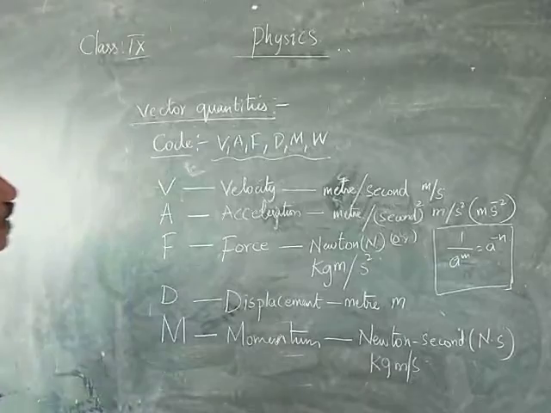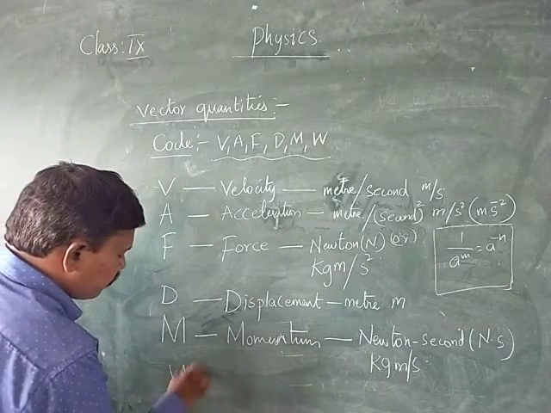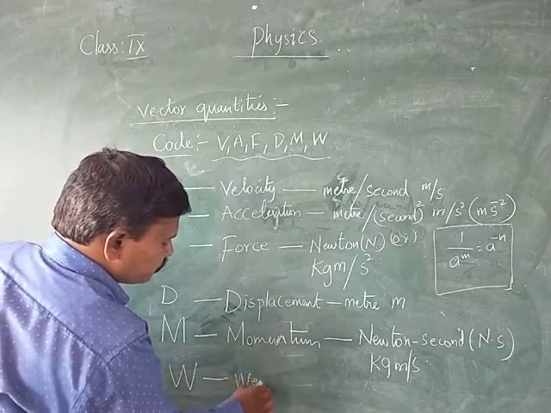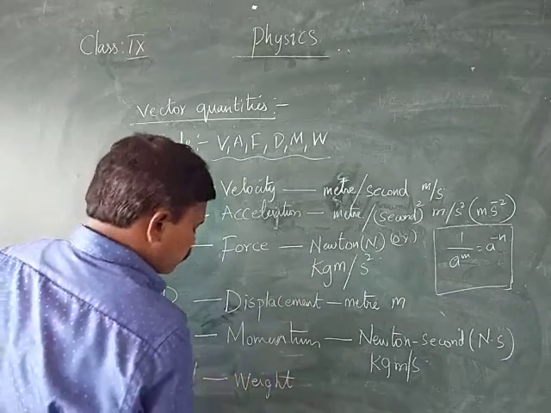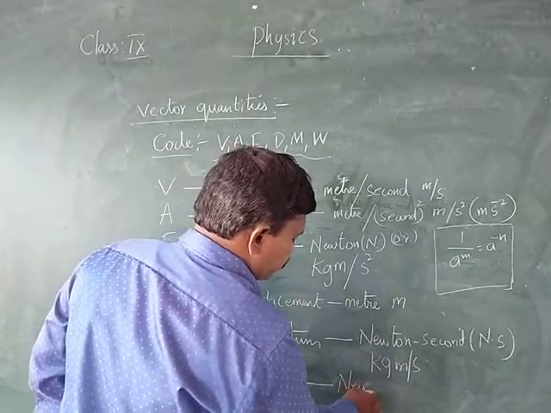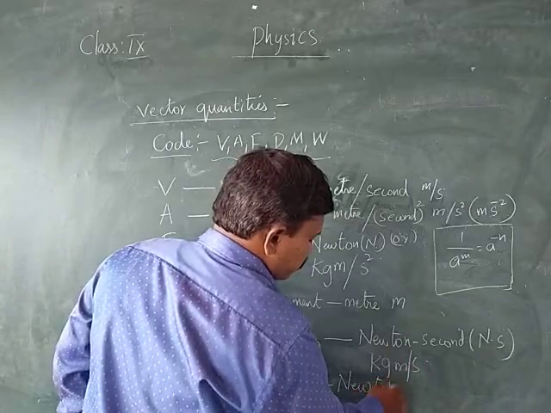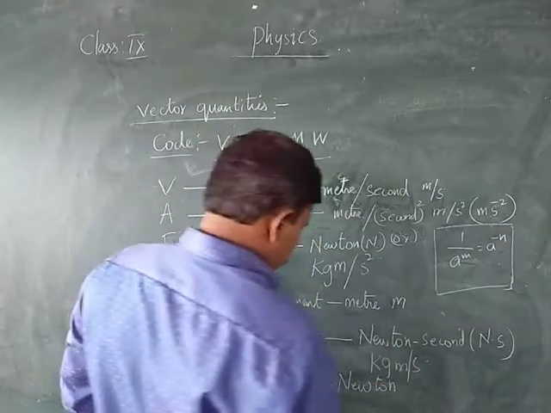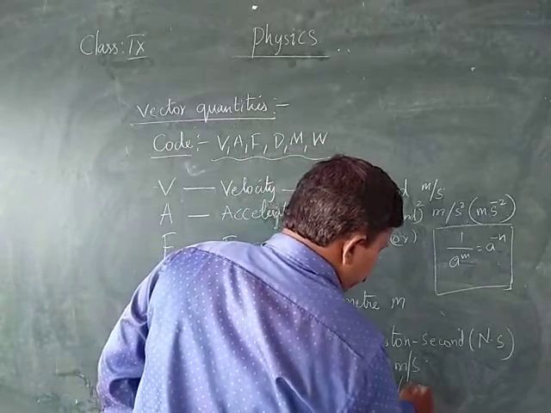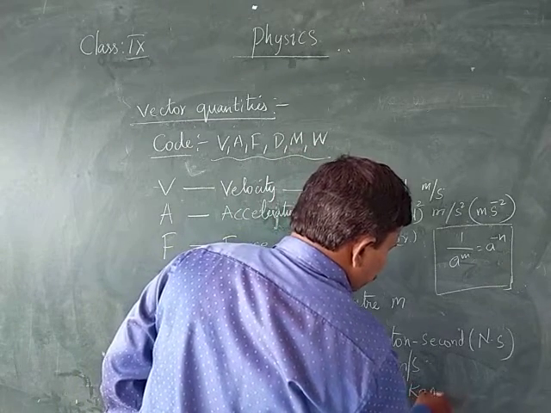Like that we represent it. And here W means weight. The unit of weight is Newton. Normally we write weight is equal to m into g. Newton is nothing but kg meter per second square.